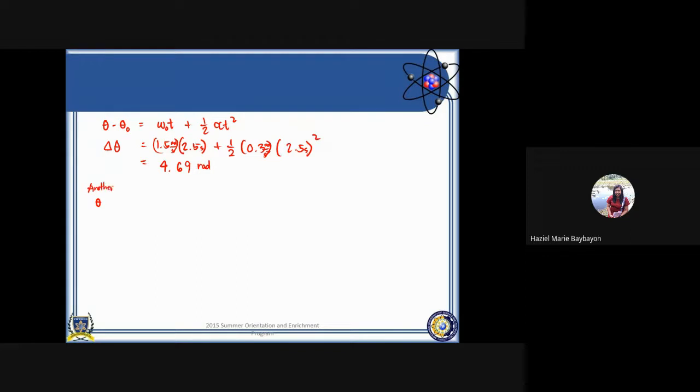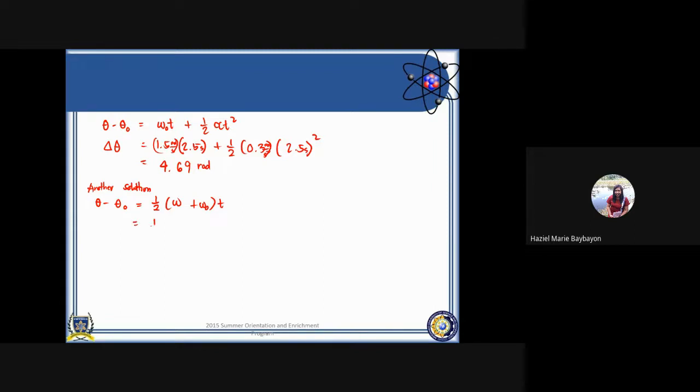Now, we can also use the other equation for theta, another solution. Of course, we expect the same answer, but let's try this one. Theta minus theta naught, this is equation number 2, not number 3, because earlier we used equation number 3. It is 1/2 times omega plus omega naught, times t. Can you solve this one?